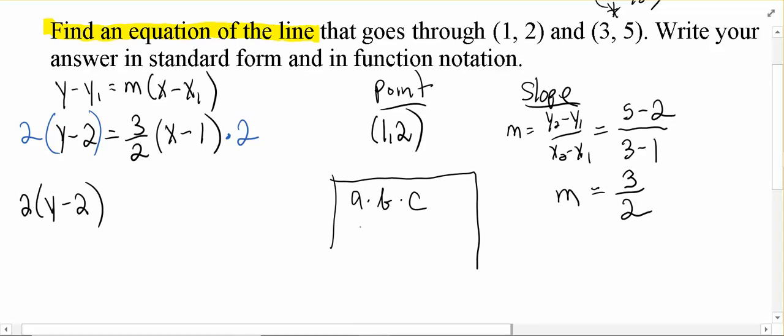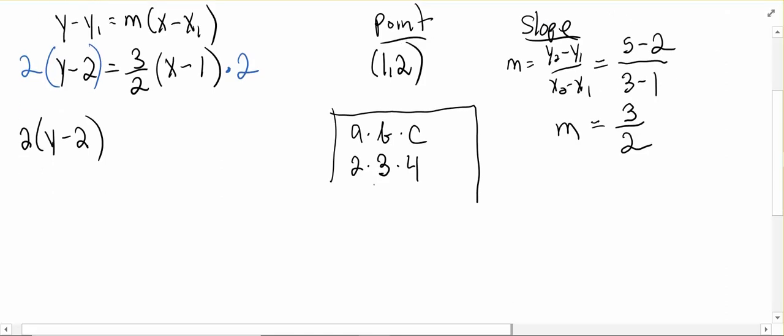So this would be similar to if I were multiplying 2 times 3 times 4 together. Now when I do that, when I multiply 2 times 3 times 4, I multiply 2 of them together and get an answer, and then I multiply those. I don't distribute the 4 to both the 2 and the 3. This does not become 8 times 12. That's ridiculous. That's not the way that works.